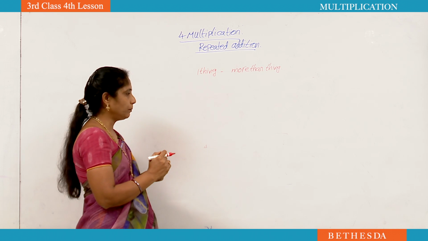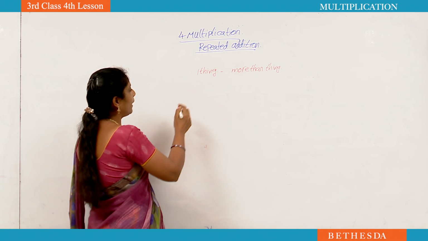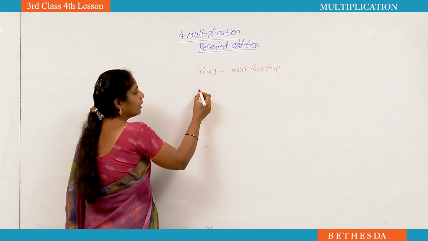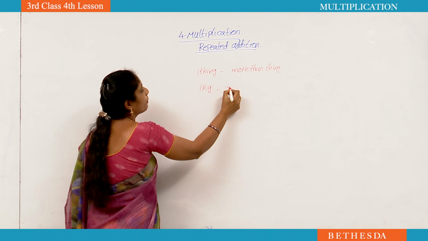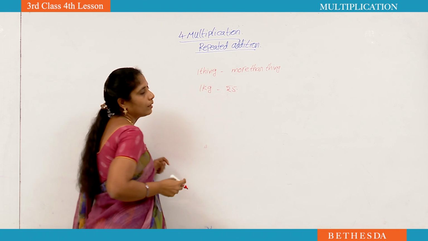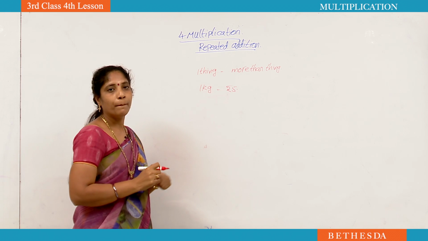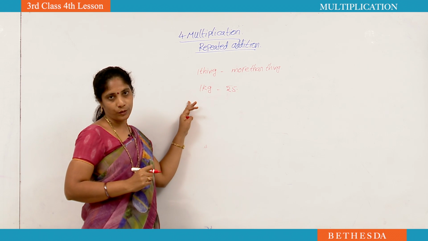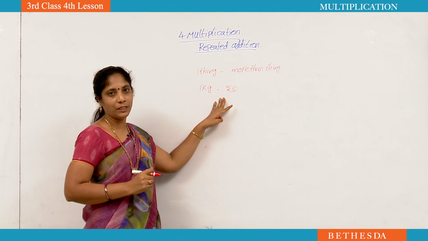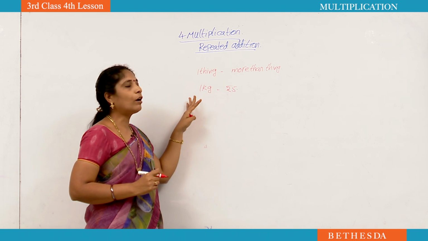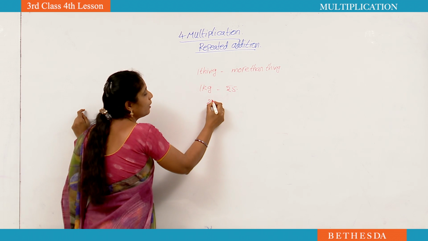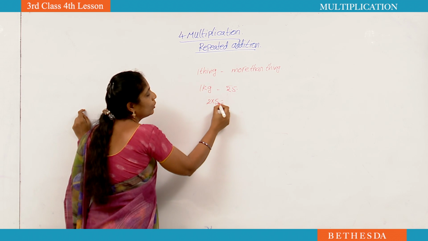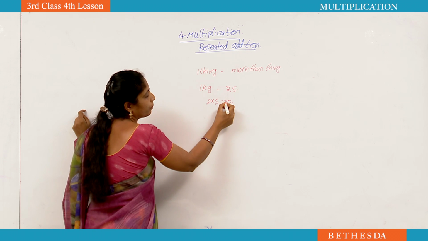For example, you went to a vegetable market. There he told you 1 kg of potatoes is 5 rupees. Your mother told you to buy 2 kgs of potatoes. We know the cost of 1 kg, and we have to know the cost of 2 kgs, that means more than 1 kg. Then we have to do multiplication. 2 into 5. 2 5s are 10 rupees.